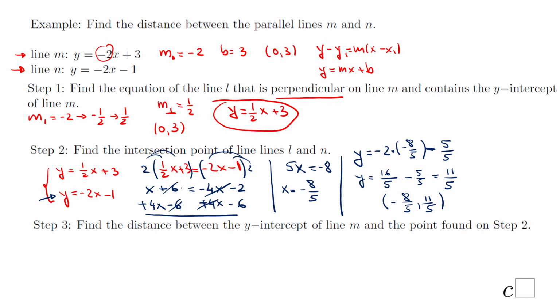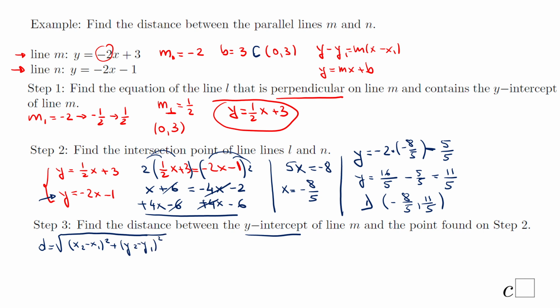And now we can find the distance between this point. Let me call it D, and the y-intercept of line M, if you remember this one, let me call it C. Okay, so the distance formula is square root of x2 minus x1 squared plus y2 minus y1 squared.